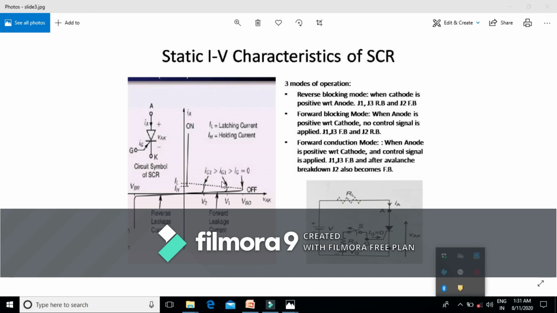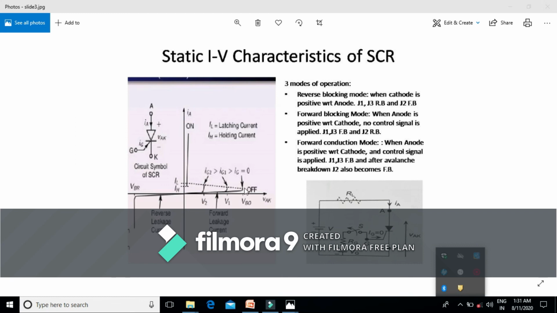Another mode of operation is the forward conduction mode. In this mode, it is also forward biased. Junctions J1 and J3 are forward biased, and J2 is reverse biased. One more extra thing that we are adding is the gate signal, which is the efficient method of triggering.